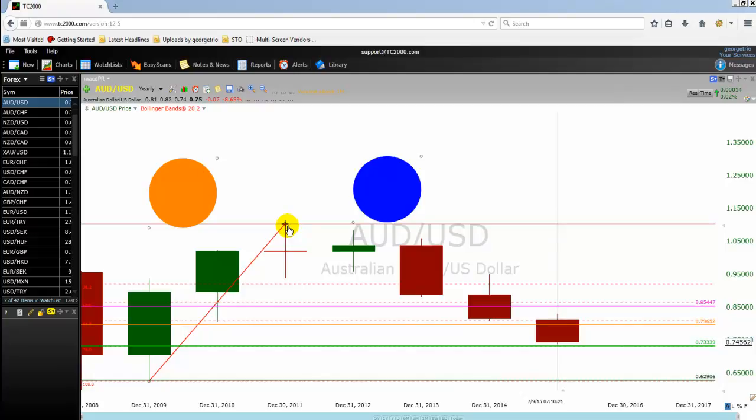Why? Because the Chinese economy and the Australian economy are interdependent. The Chinese import a lot of goods from Australia to their country. When the economy is doing very well in China, there are more goods and we have a trade surplus in Australia.